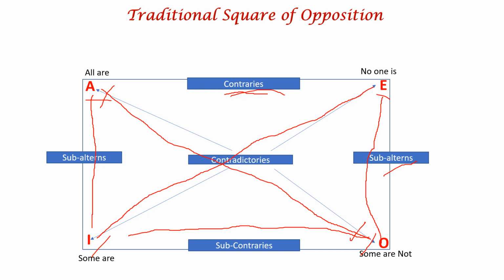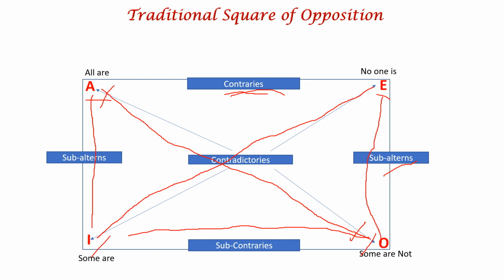This means that if A is true, then we can definitely say E is false, because we have said they cannot be true together. But if A is false, we cannot say anything about E, because it could be false or it could be true. So we cannot say anything definitely.